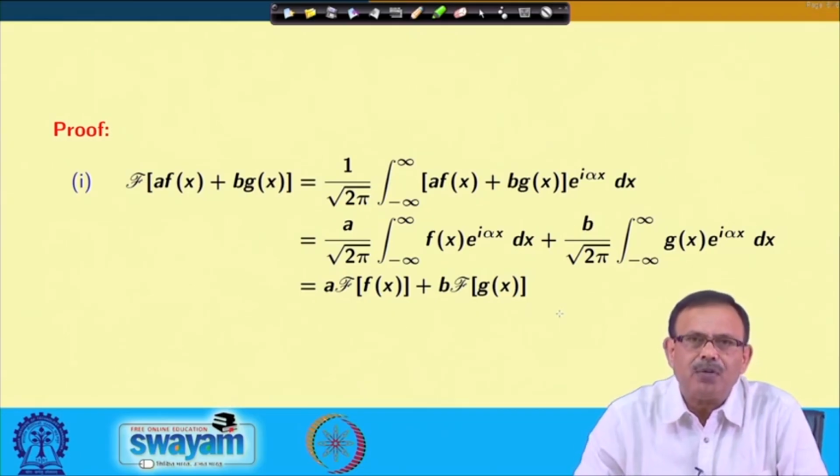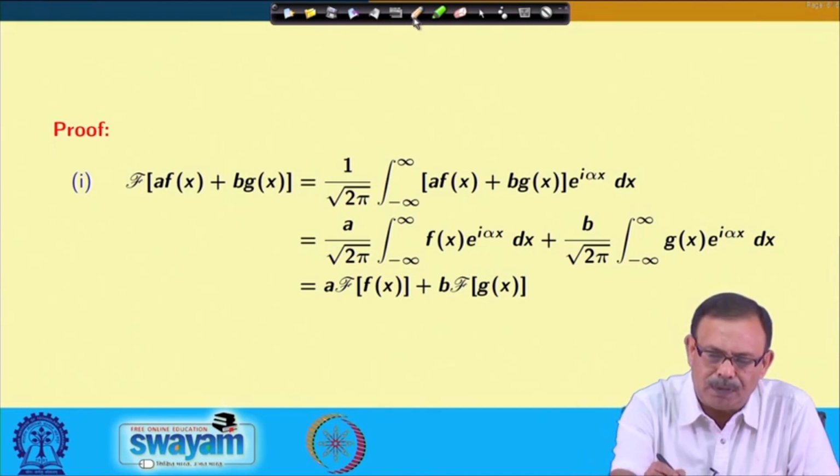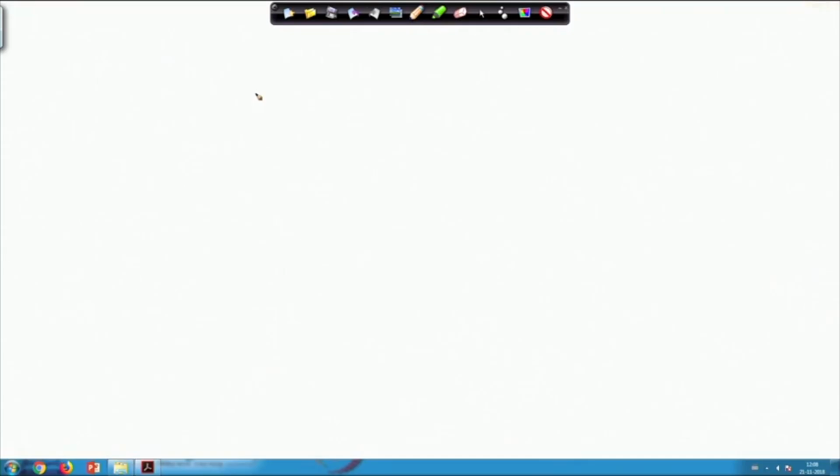Now, let us see the second one, where we are saying that Fourier cosine transform of a f x plus b g x equals a into Fourier cosine transform of f x plus b into Fourier cosine transform of g x, or the sine you can take.